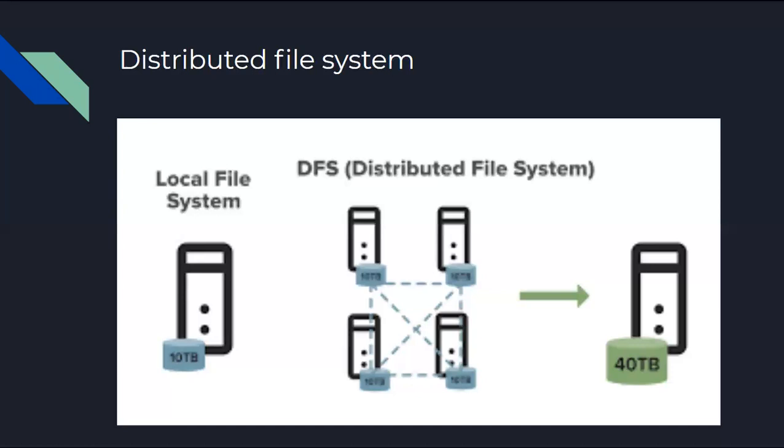So you have 40 terabytes of data, but it is distributed. It is not in a single storage unit. It is distributed across multiple storage units, so that it can be retrieved and processed more efficiently. It gives you the ability to efficiently store this data. Okay.